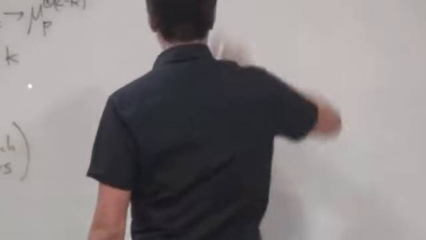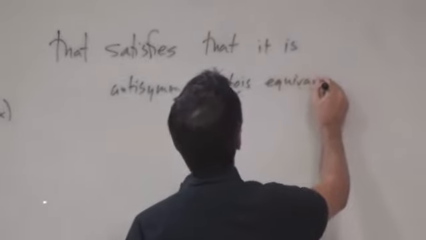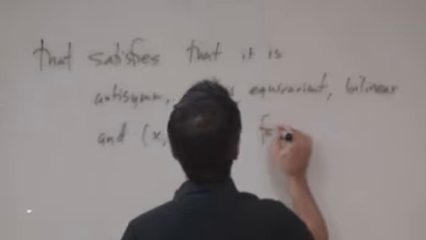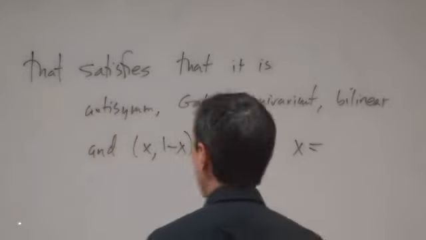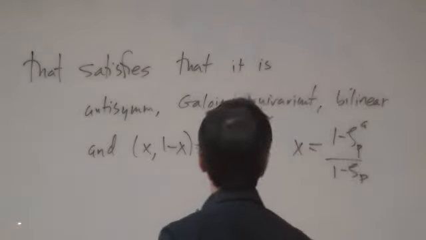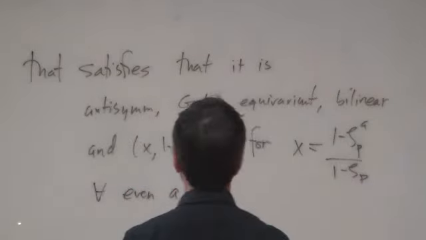That satisfies that it is antisymmetric, Galois equivariant, bilinear, and x comma 1 minus x equals 0 for x equaling, I need a particular value of x, (1 minus zeta p to the a) over (1 minus zeta p) for all even a or something like that. That's an allowed value, not equal to.